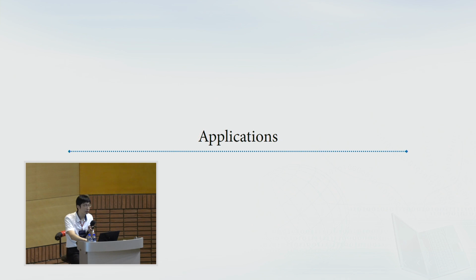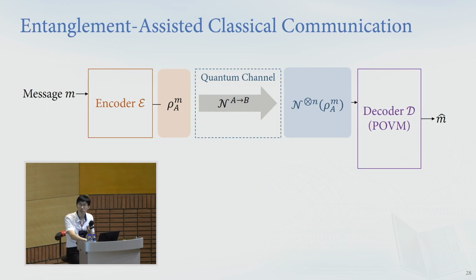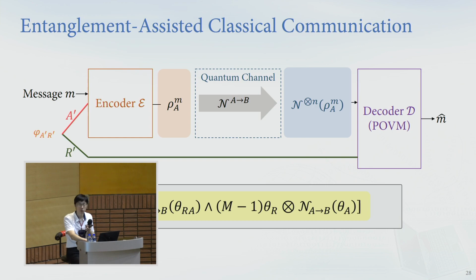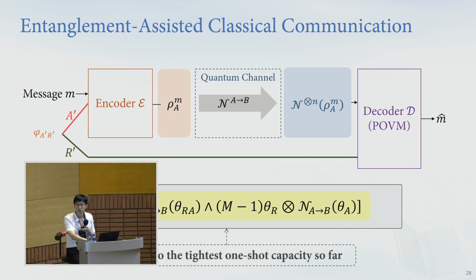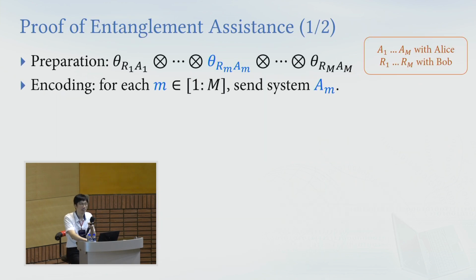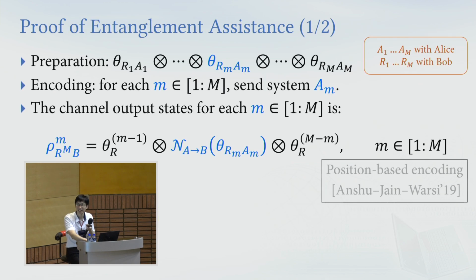Okay, and I don't have any time to go to the applications, but the proof applies to entanglement. We got very similar results where the theta is the entanglement. It is the one-shot capacity so far. But I don't have time to go to the proof of entanglement assistance.